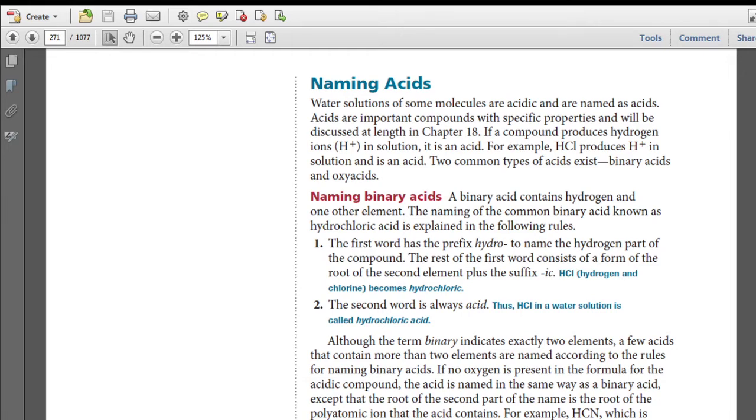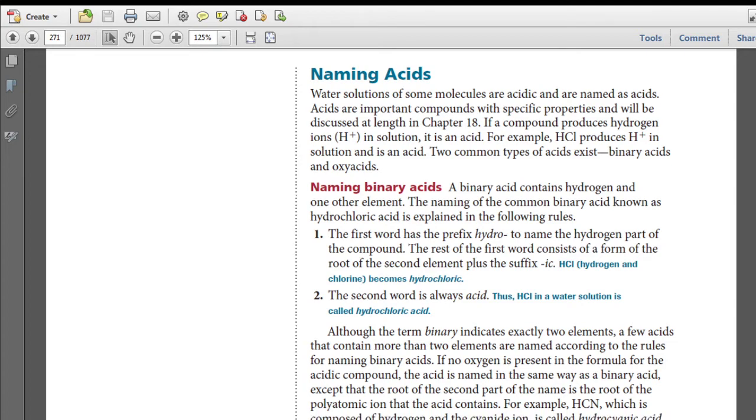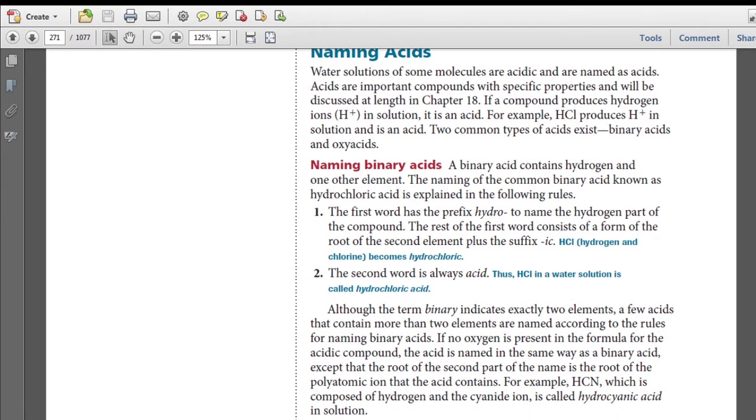Two types of common acids exist: binary acids and oxyacids. A binary acid contains hydrogen and one other element. The naming of a common binary acid, known as hydrochloric acid, is explained in the following rules.